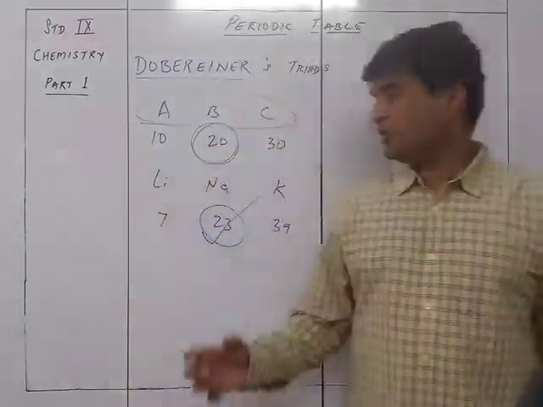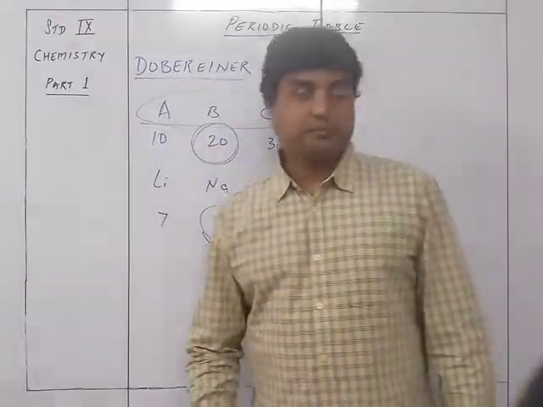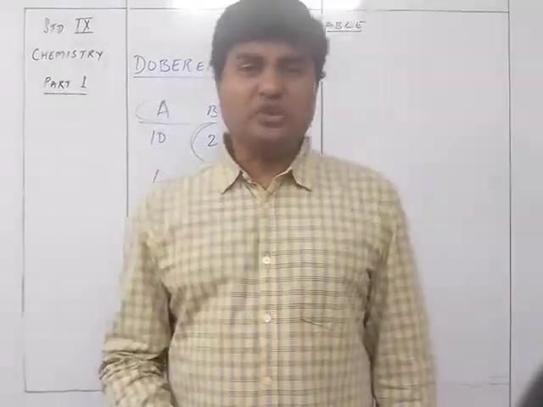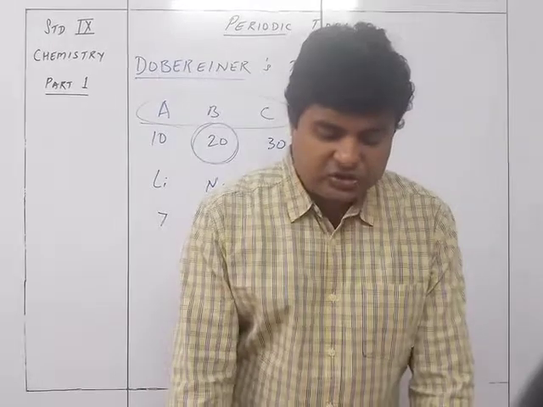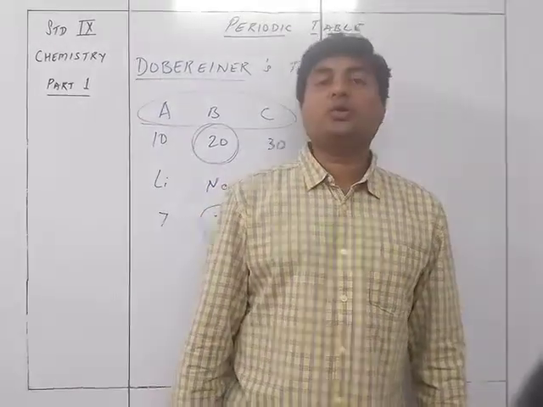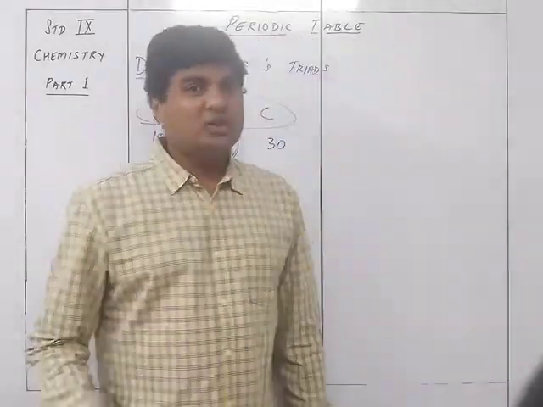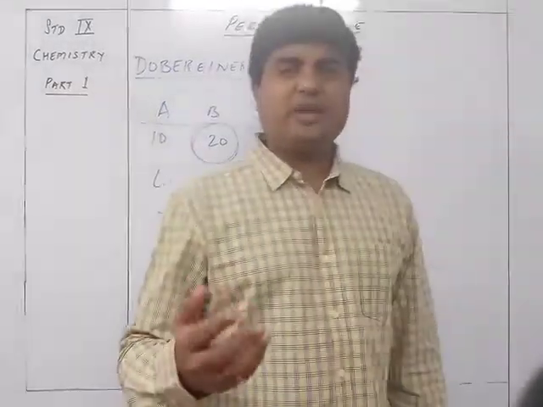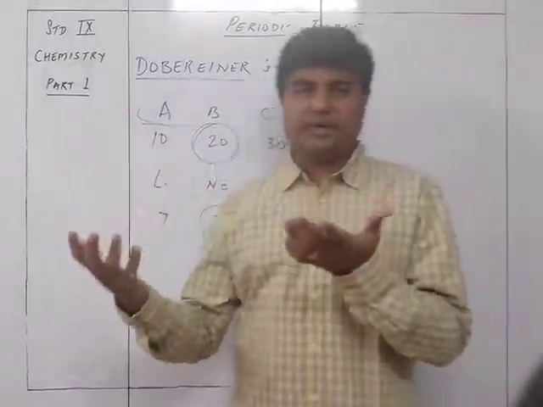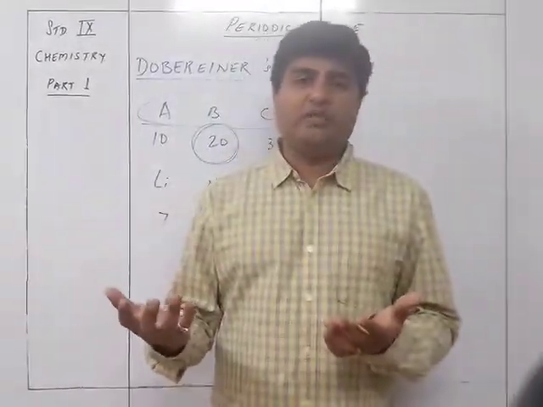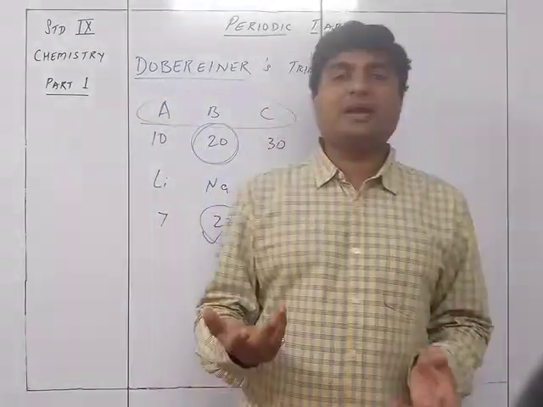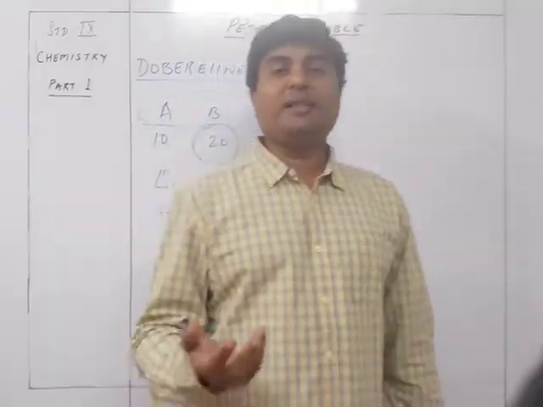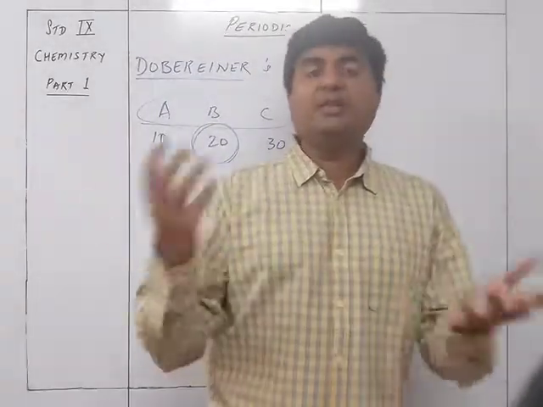So this was absolutely true, but it did not work well because the method was a disordered collection of elements, not holding true for all elements. Even when some three elements were in arithmetic mean of each other, they were found not to be chemically analogous, or if they were chemically analogous, they still were not in the mean.